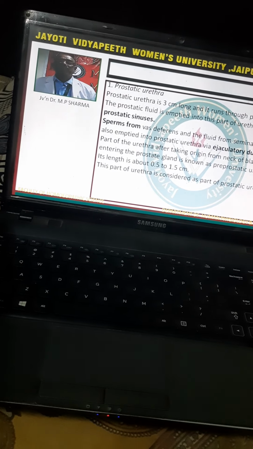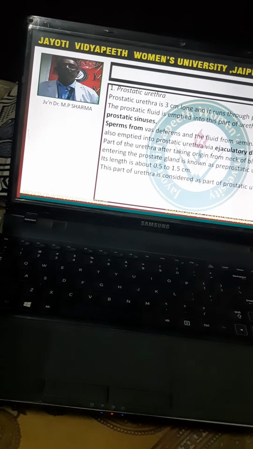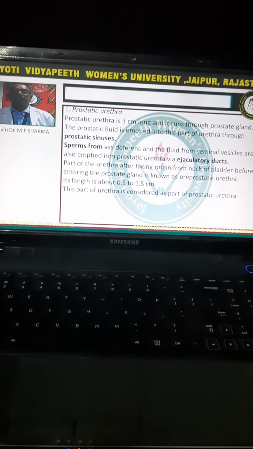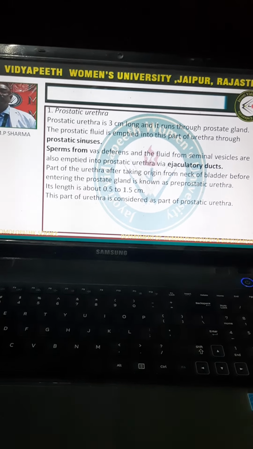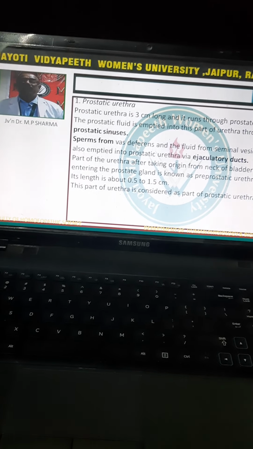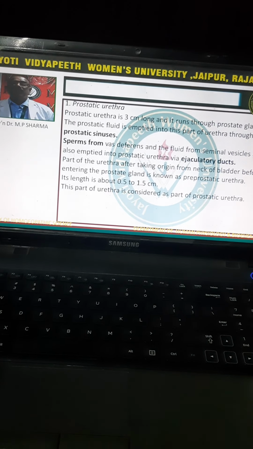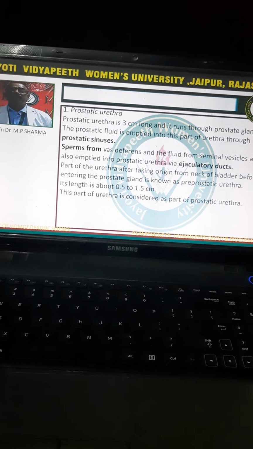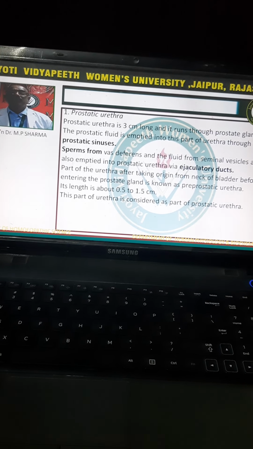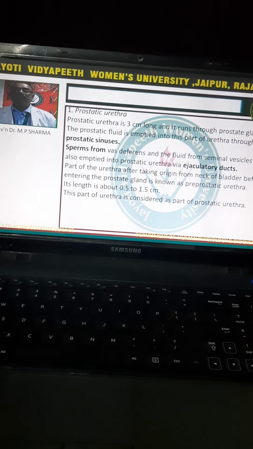Now, the prostatic urethra is 3 cm long and it runs through the prostate gland. The prostatic fluid is emptied into this part of the urethra through the prostatic sinus.